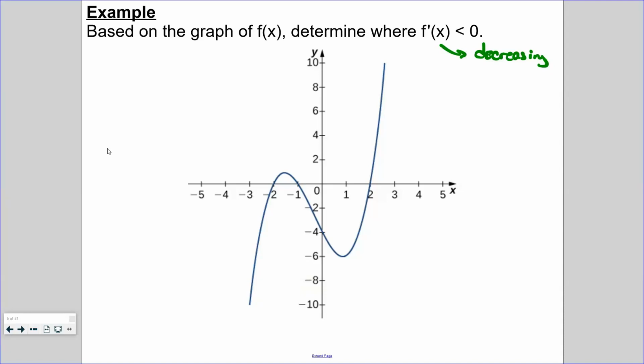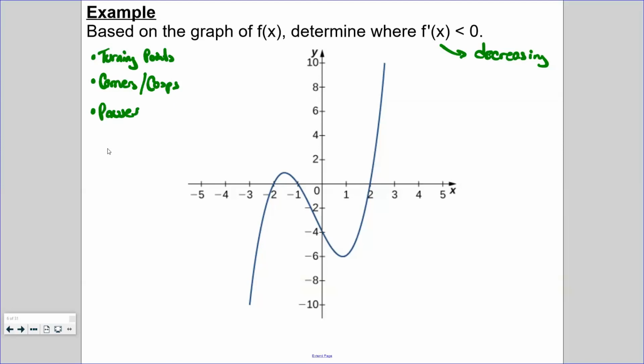And we know our critical points exist where we have turning points, corners or cusps, or pauses.